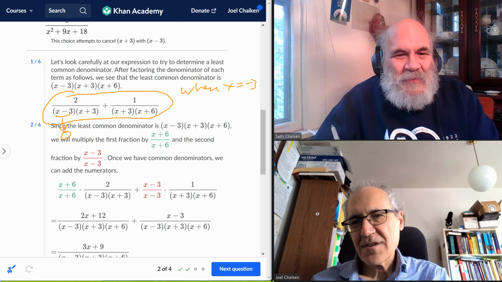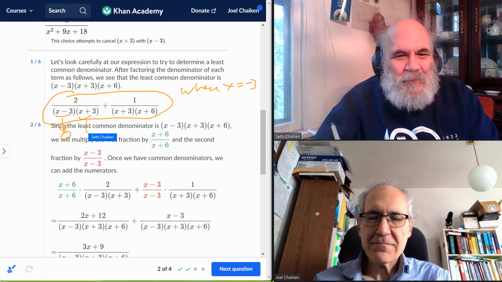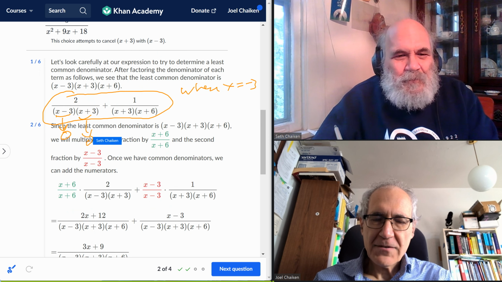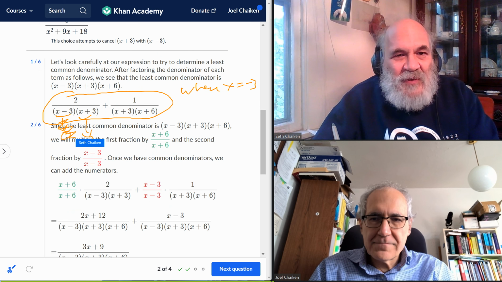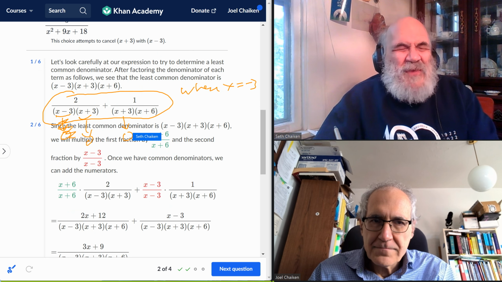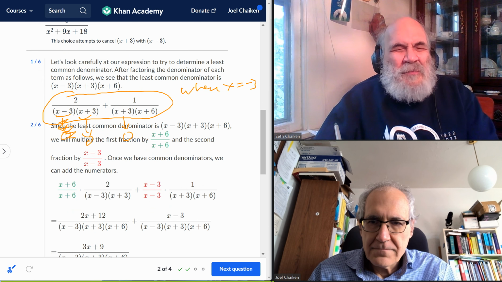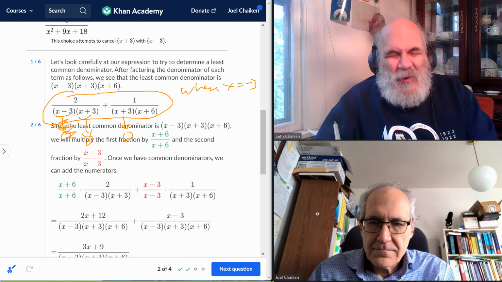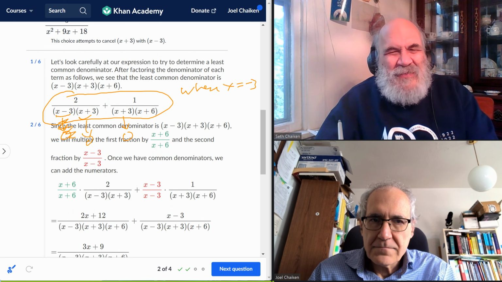Yeah, the other one. This becomes a 0, right? And this one becomes a 0, right? So you have these two. Each individual term has a pole at x equals minus 3. It's also called a singularity.